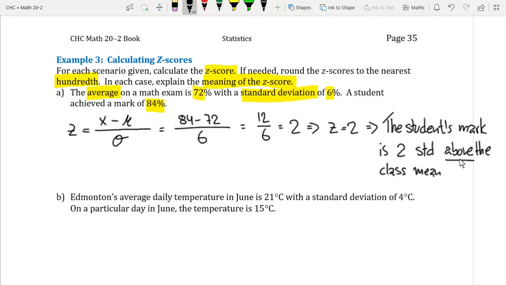We know it's above the class mean because the z-score is a positive value. If it would be negative, it would have been below the class mean.